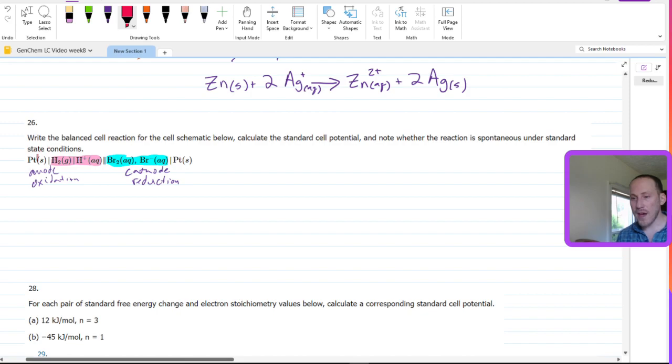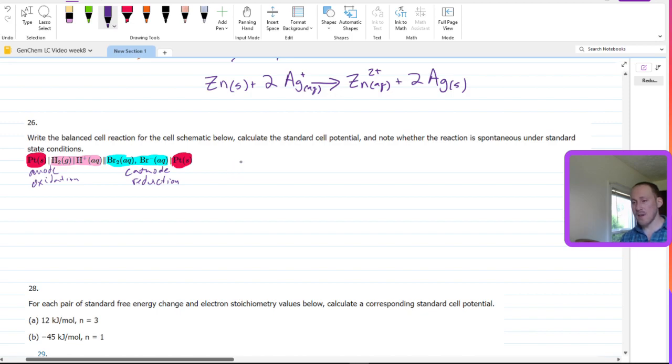But you can get around that by having a different solid piece of metal in there, a solid anode and a solid cathode with a platinum. So that's what's going on here. So the platinum doesn't really participate in the reaction. It is just an intermediary for the electron transfer.